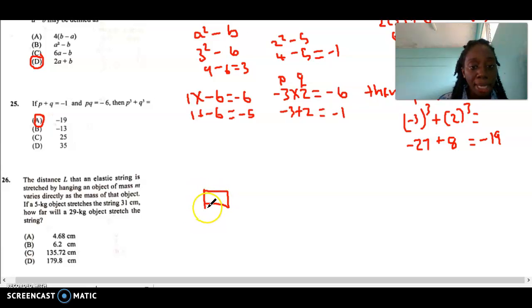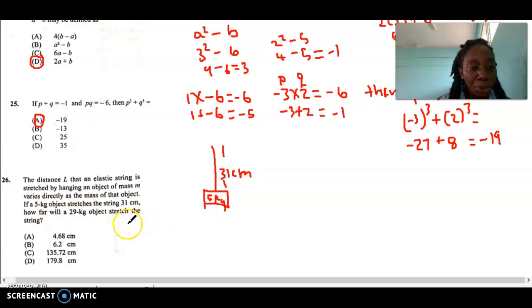So I have my mass. Let me consider this rectangular mass, and this mass is 5 kilograms. And I was told that this 5 kilograms stretches the string 31 centimeters.